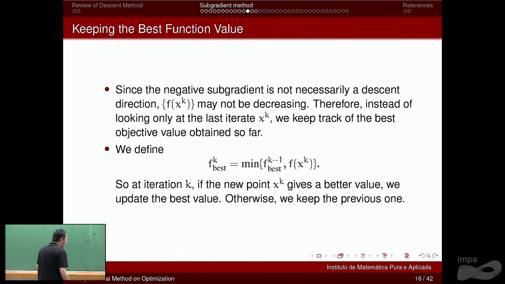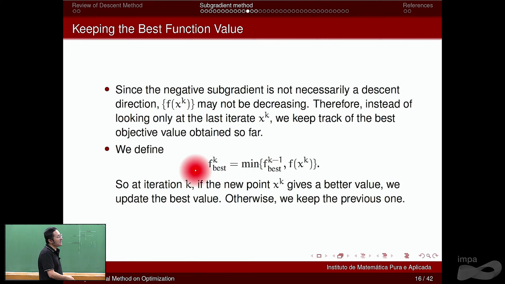But actually we have some strategies which, even if the direction is not a descent direction, can keep the function value decreasing. The strategy is like this. Okay, in each iteration we check the function value at point x_k, and we compare with all the previous function values.